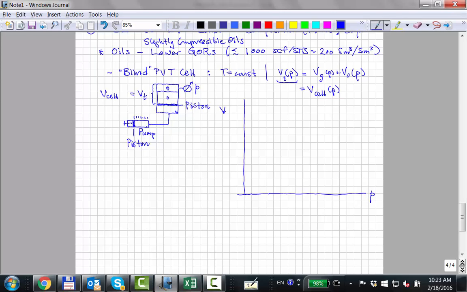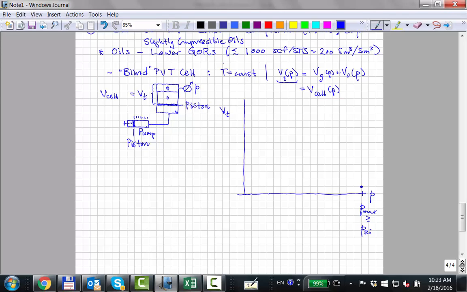So we're now just looking at the total volume, which is the cell volume, and if we start down here at some very high pressure, this would be a pressure max in the cell that's probably going to be greater than or equal to what you think is the initial pressure in the reservoir, probably higher than that.